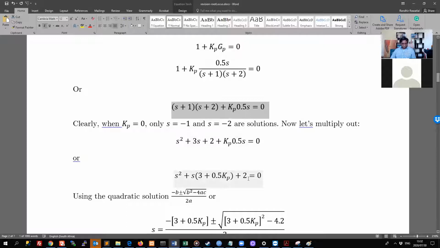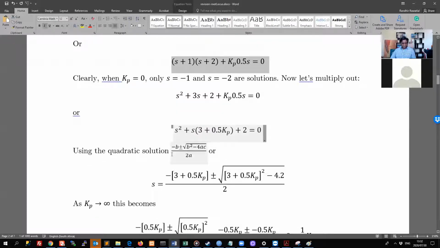And so we can regroup this, and we can then say, well, this is by the end of the day a quadratic equation, and we can use the usual quadratic formula, and we can solve this equation. So this is now telling us the roots of s. It's telling us the values of s which make this equation true for any value of Kp, right? So we can choose any value of Kp and we can find the two values of s.